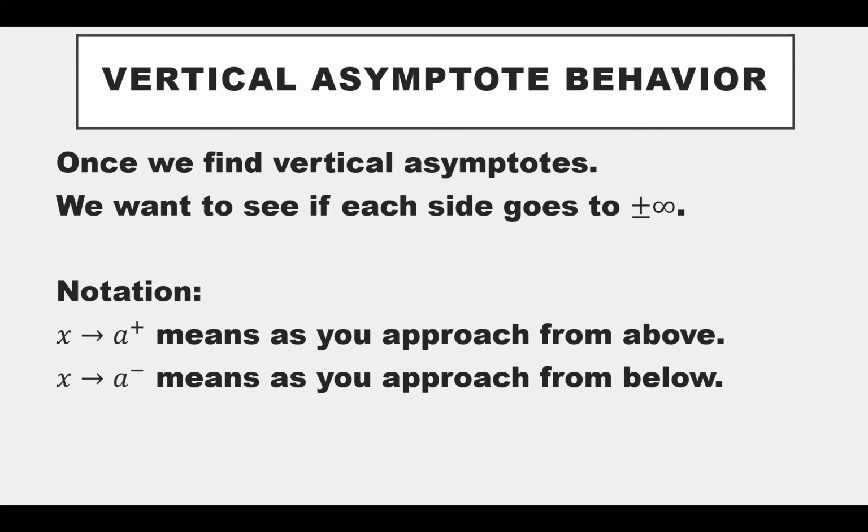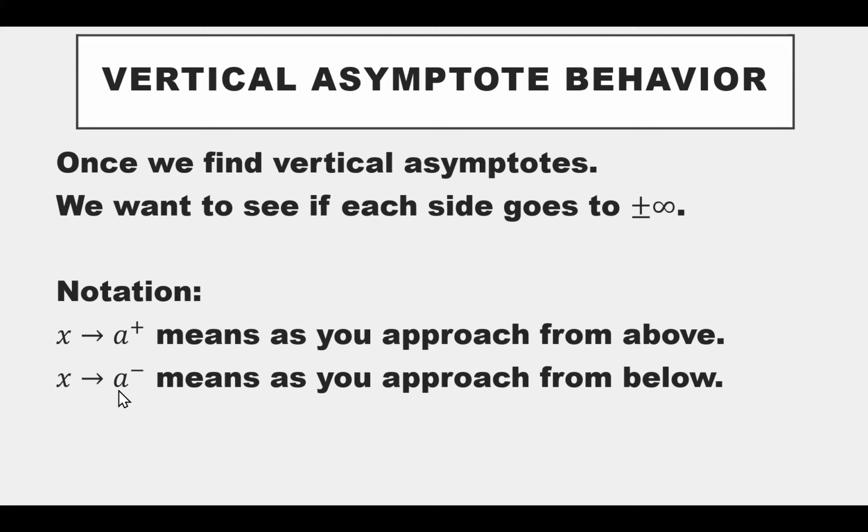One may be positive infinity and one may be negative infinity. The notation we're going to use for that is x is going to a, and then we'll write a plus sign in the position of an exponent. And that's going to mean we approach from above. In other words, we're on the right side of a on the graph.